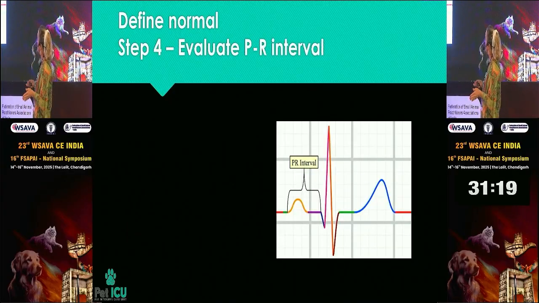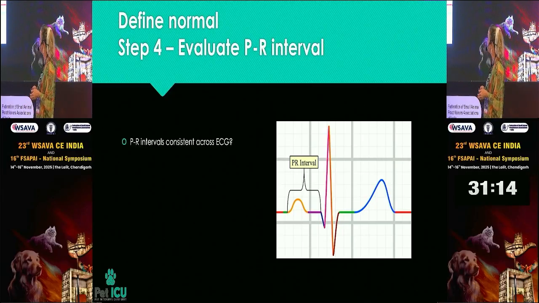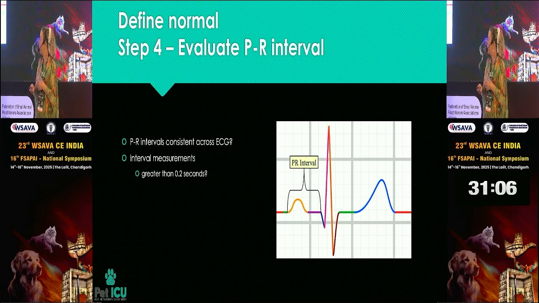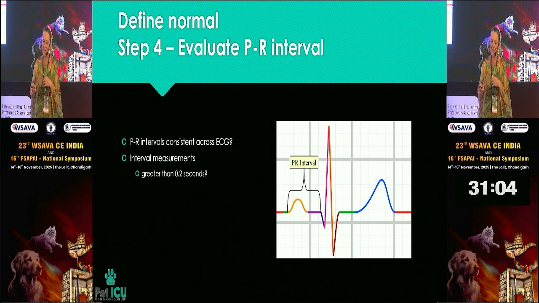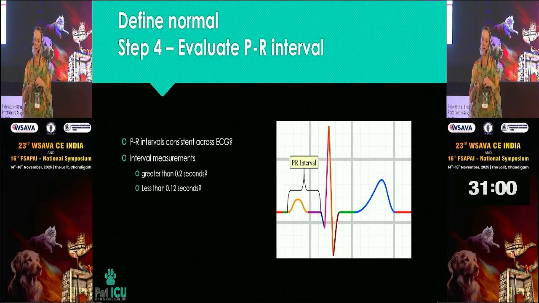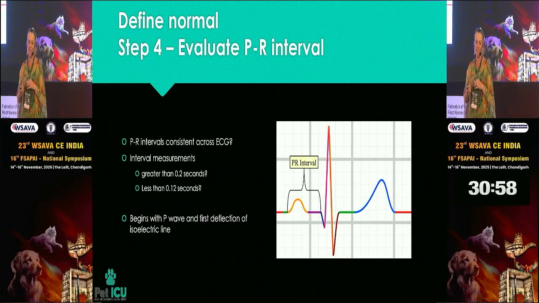Then you look at the PR interval, so how long it's taking to move through the AV node. Is that consistent or is it changing? There are individual variations if it's greater than 0.2 of a second or less than 0.12 of a second.